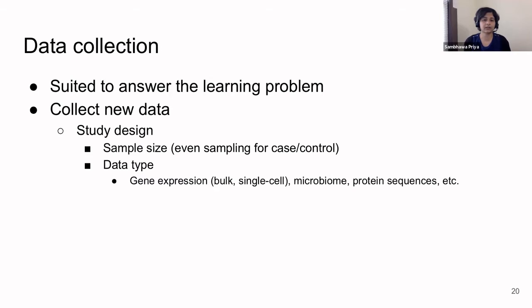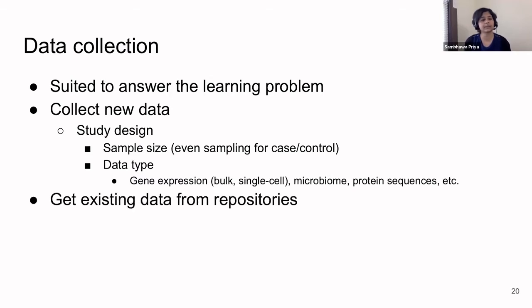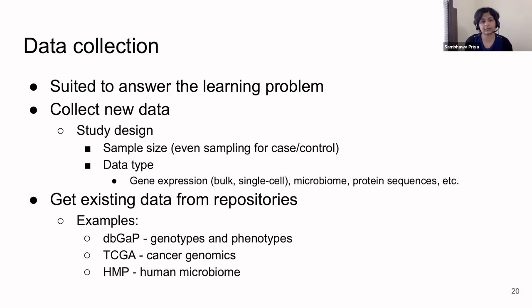Or you could also get existing data from repositories. For example, these are some genomic databases: dbGaP, which is for genotypes and phenotypes, or TCGA, the Cancer Genome Atlas, for cancer genomics data, or the Human Microbiome Project, the HMP, to get human microbiome data on different healthy and disease cohorts.